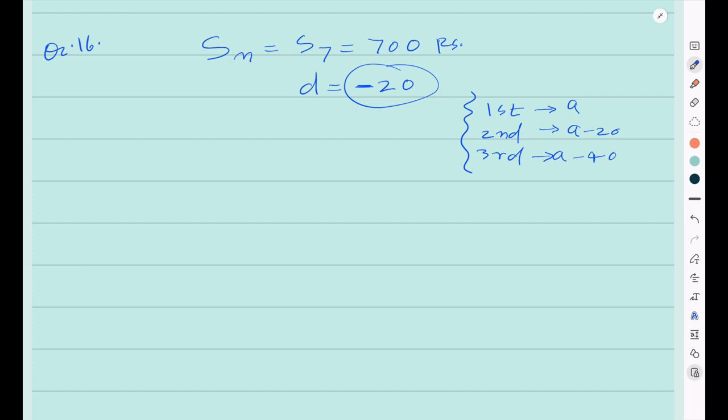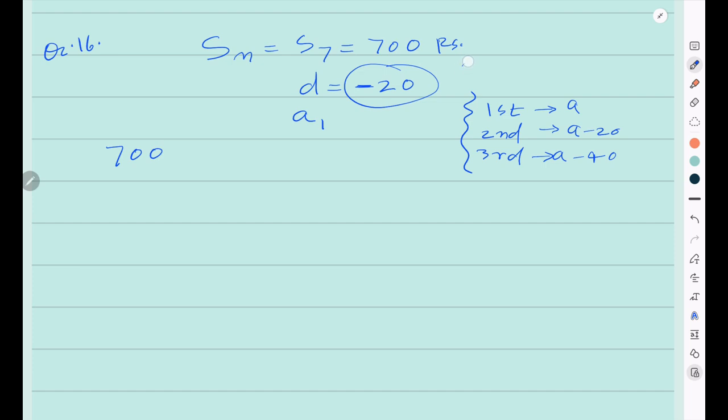So basically what we need to do here, first of all, we need to find the first term. What is the first prize? Maybe we can just call it A1 or A. So what is the formula when n is equal to 7?